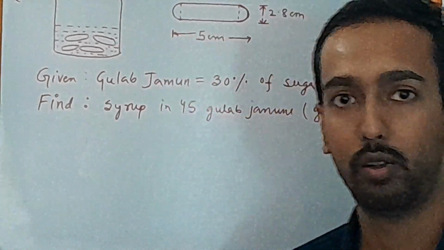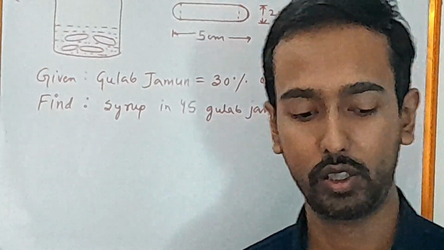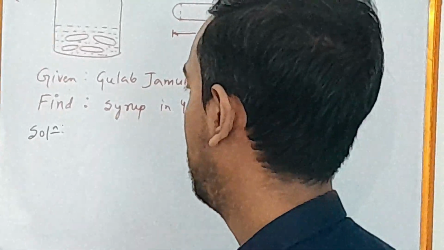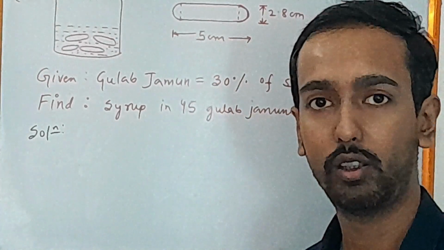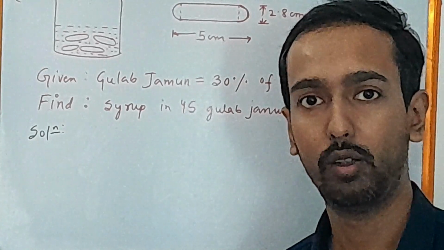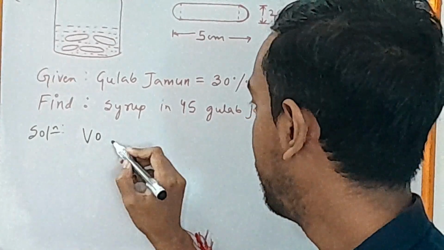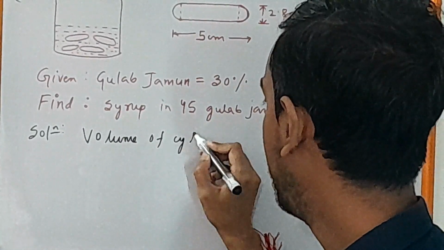First of all, we have to find the volume of one gulab jamun. So let's do that first. We know that the volume of the gulab jamun can be found by adding the volume of the cylindrical part and the volume of the hemispheres. The volume of the cylinder is given by pi r square h.